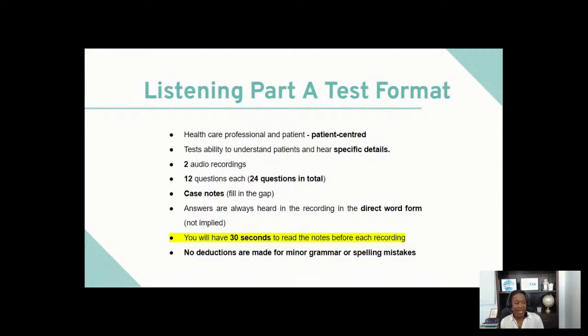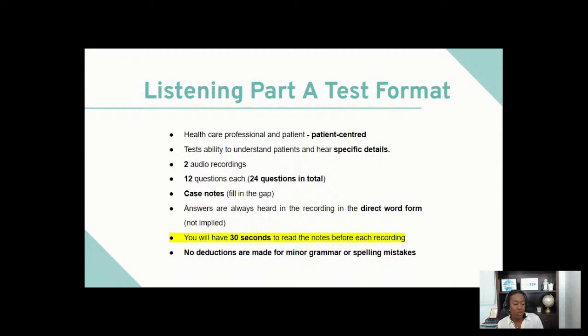You're going to hear a conversation between a healthcare professional and a patient. Now, the consultation will be patient-centred, and by that I mean most of the talking is going to be done by the patient. The test is there to assess your ability to understand patients and hear specific details.